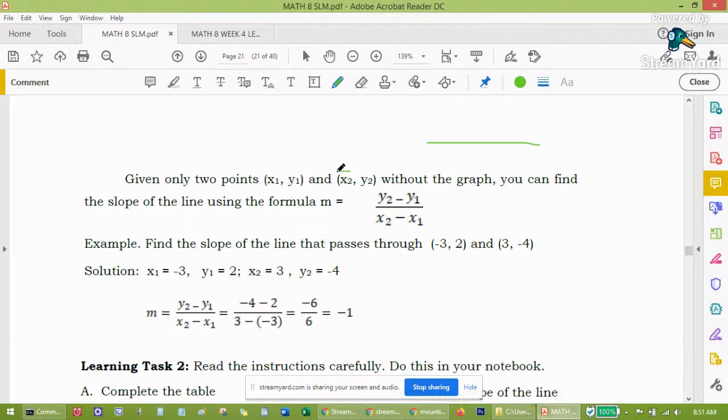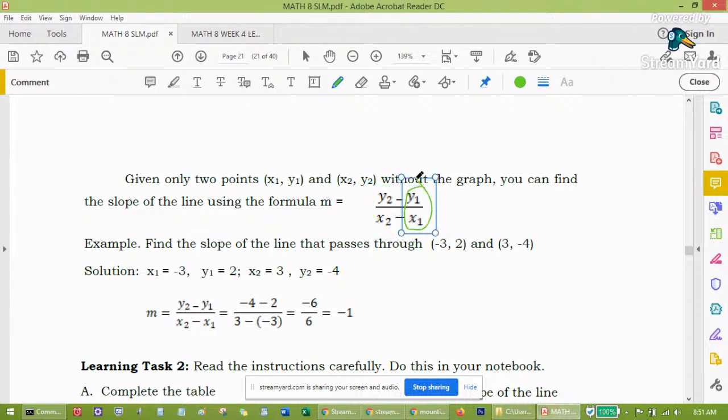So, yung second x, yung pangalawang x, ima-minus mo sa first x. Okay? So, hindi pwede na y2 minus y1 pagkatapos sa ilalim ay y1 minus x2. So, kung nag-umpisa ka sa second x, dapat yung x mo second din.